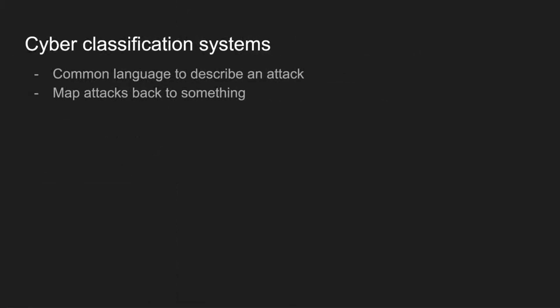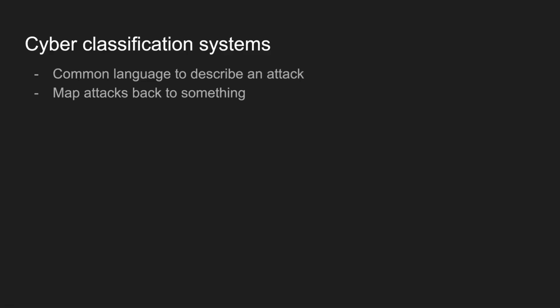So let's harbor on this for a minute. A cyber classification system offers you a couple of different benefits from the CTI, cyber threat intelligence, point of view. The first one is a common language to describe an attack. In order to describe how an adversary is attacking a system, you need a way to map their behaviors and tools and processes to something.